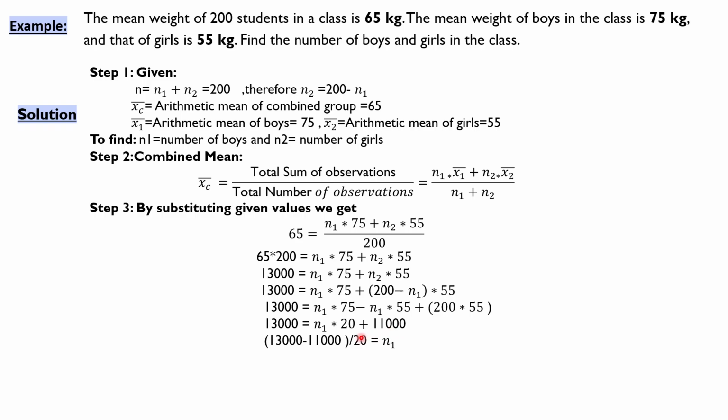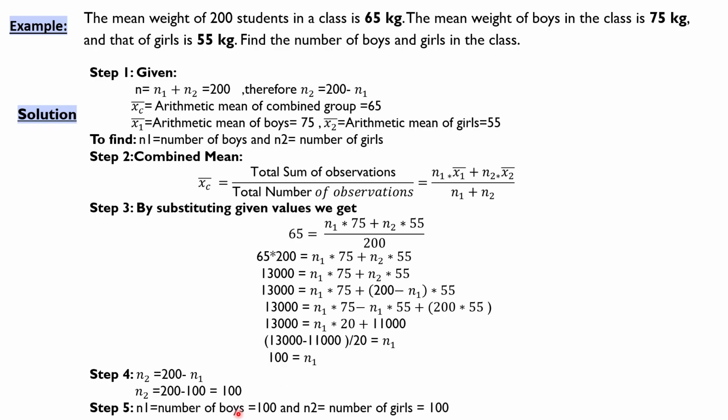If we shift 11,000 to left hand side, it comes to be 100, which is equal to n1. So n2 is 200 minus n1. So we have obtained number of boys and number of girls is equal to 100.